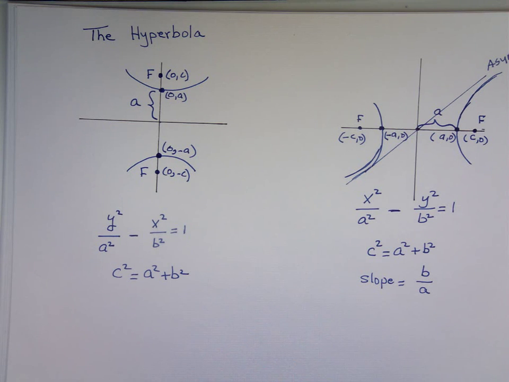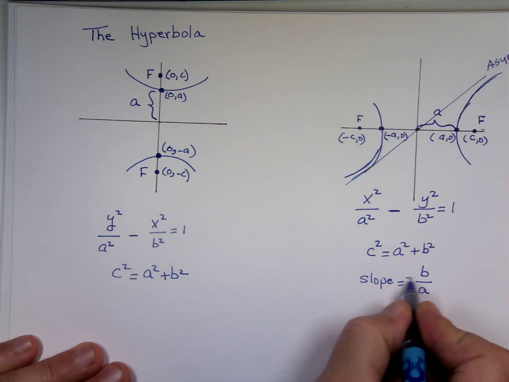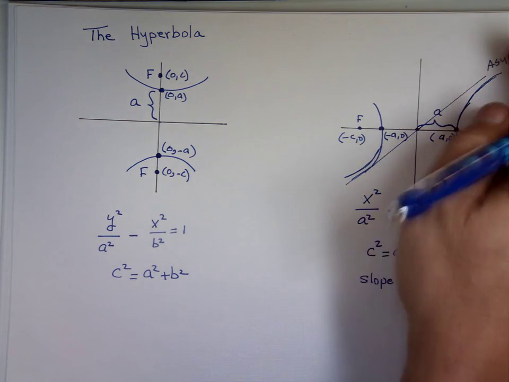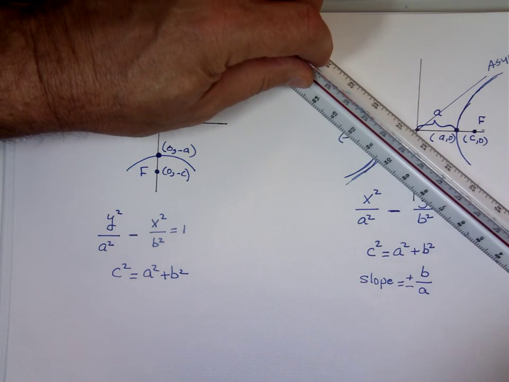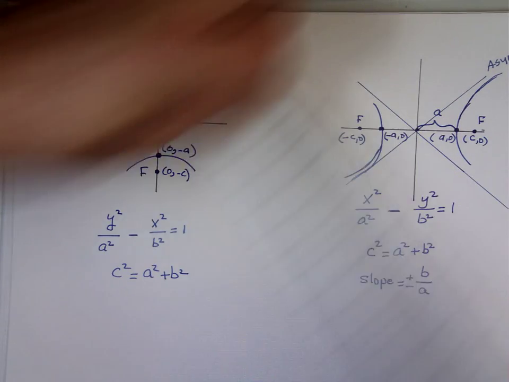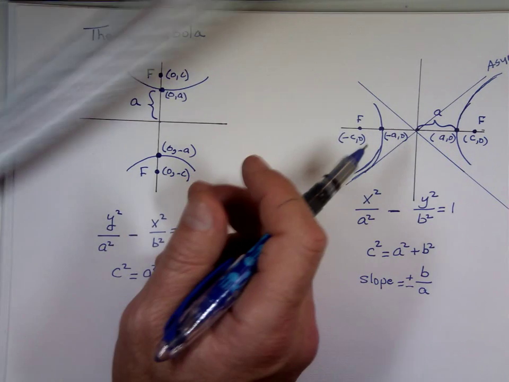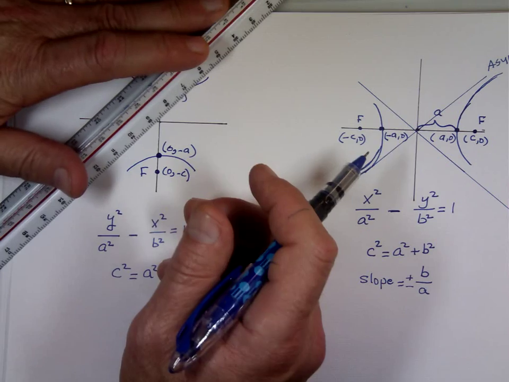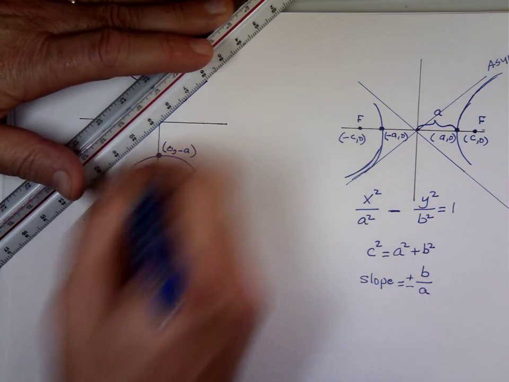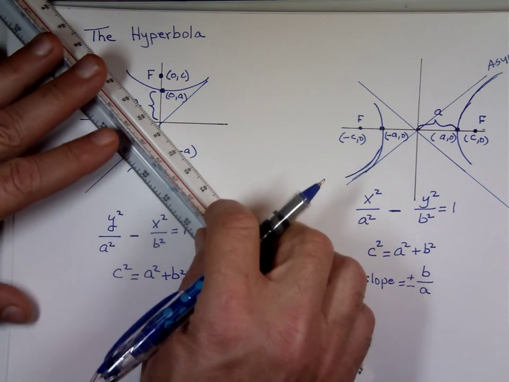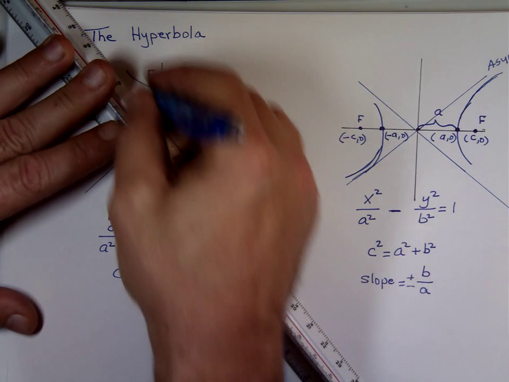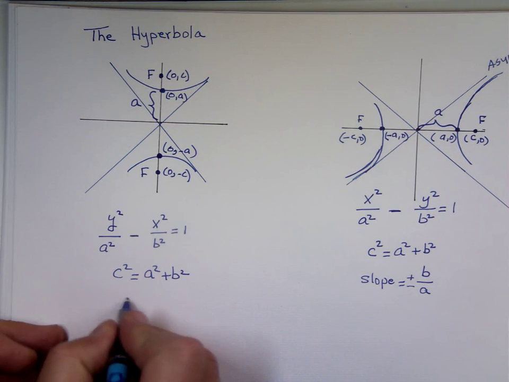I'll show you an example. And by the way, the slope of this asymptote could be plus or minus because there are two of them, one in this direction, one in that direction. And when it's up and down, the slope for the asymptotes is going to be backward here.